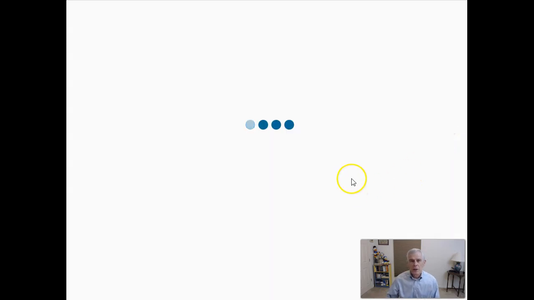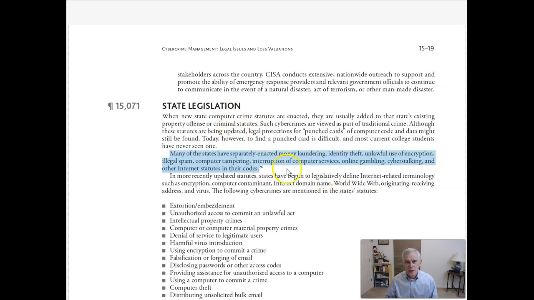Now on page 19, it talks about state legislation, and again, depending on which state you're in, you'll have different laws to apply, different dollar amounts for thresholds to see what kind of crime it is, if it's a cybercrime or not. As states update their laws each year, I think more and more they're adding more about cybercrime.